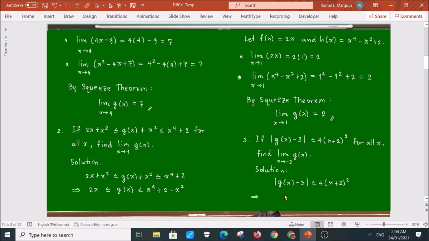This inequality is equivalent to the inequality negative 4 times (x plus 2) quantity squared is less than or equal to g of x minus 3, which is less than or equal to 4 times (x plus 2) quantity squared.